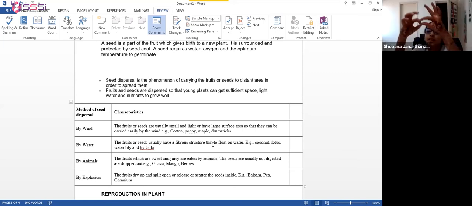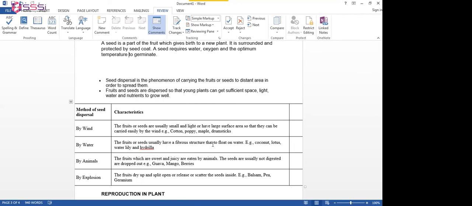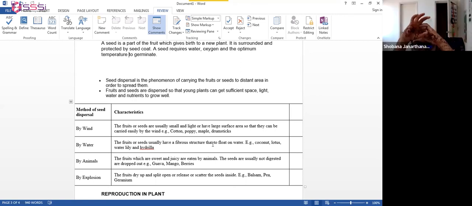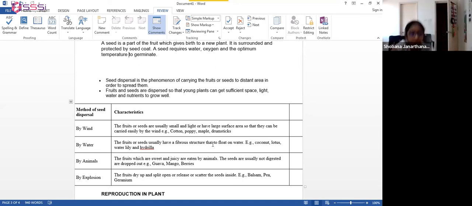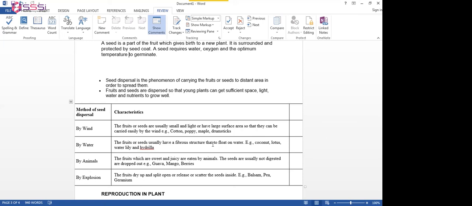They're small, but they are broad, so that they can easily be swept away by the wind, because if their width is more, they cannot be swept by the wind. So they have flat kind of seeds that can move with the wind. Okay, ma'am. So the surface area would be more, because the seeds are like this, their width is not more.